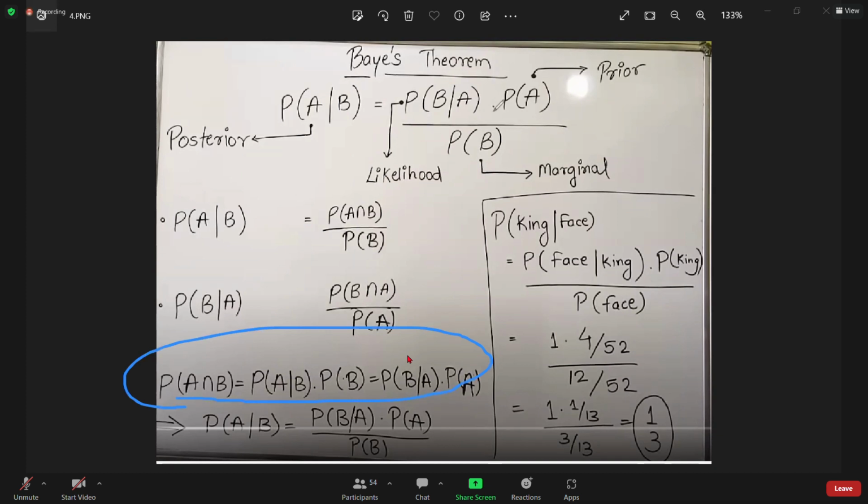Fantastic. Now, once we are clear, let's do this. A given B is equal to, you can ignore it, B given A times probability of A, divided by probability of B. Can we get this formula now? Do you see how we come to the formula? Now the formula is easy. Are you getting my point? How we create the Bayesian theorem equation? The Bayesian theorem equation is very simple. That's what I'm saying.